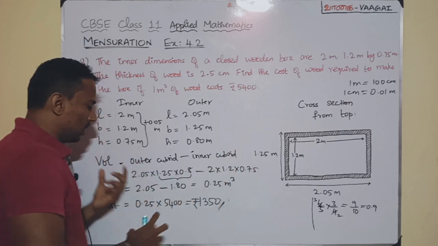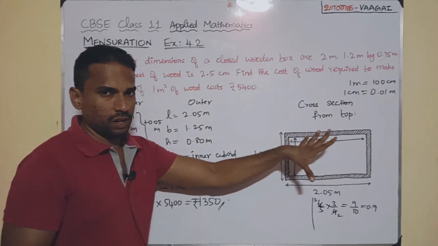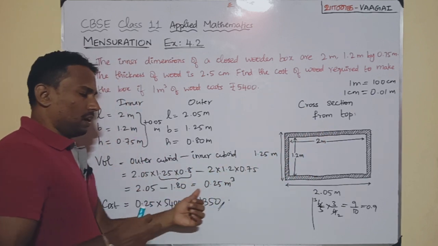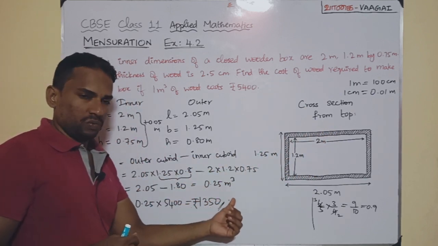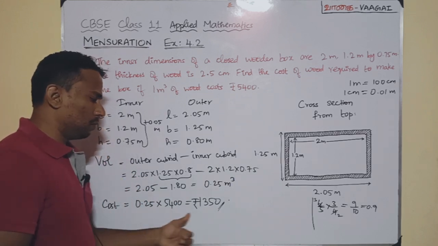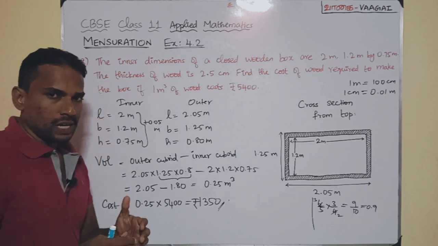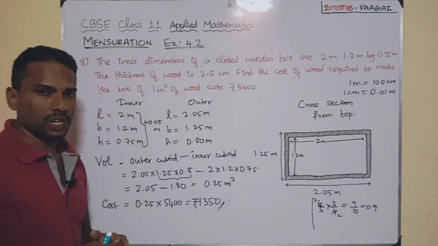We subtract to get the volume of the material. That is what we got to be 0.25 meter cube. To find the cost, I multiply with the unit cost. So 1350 rupees is going to be the answer for your question number 8.